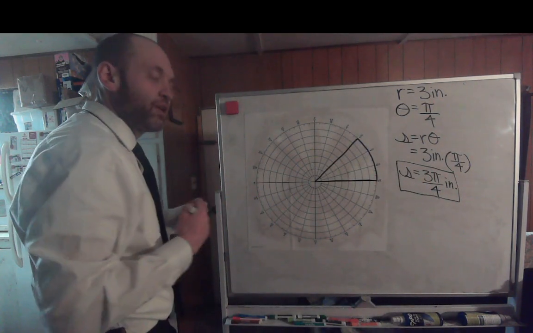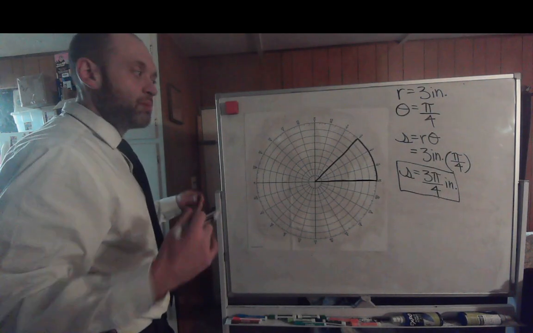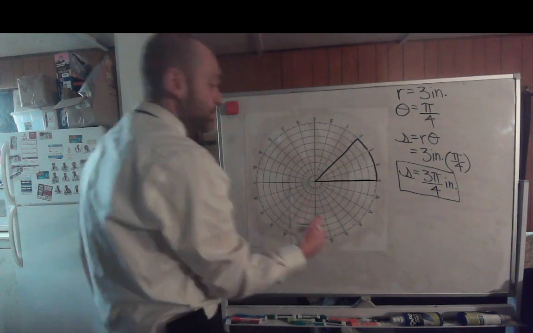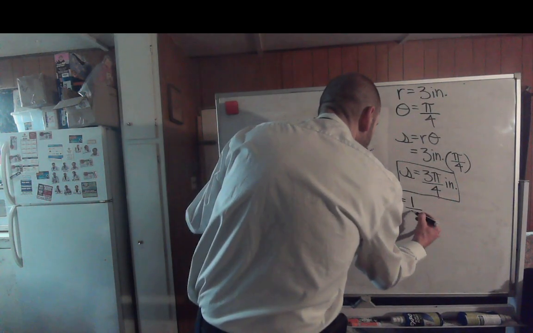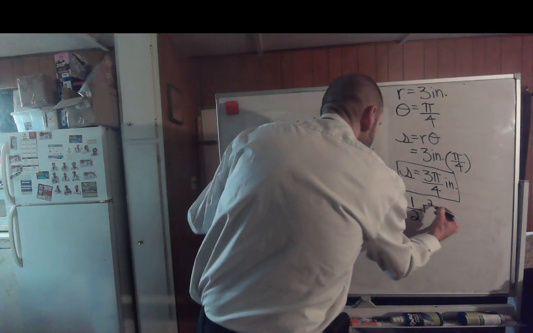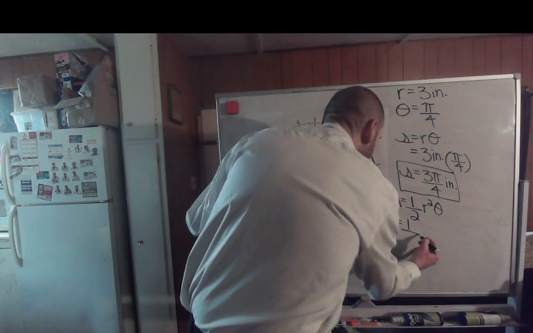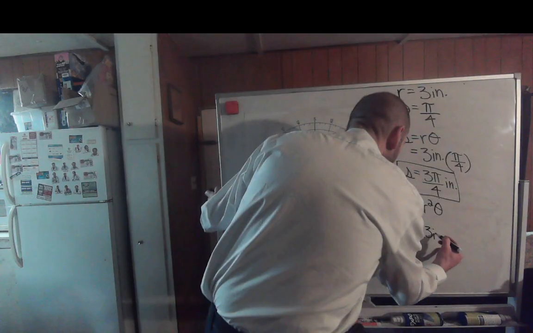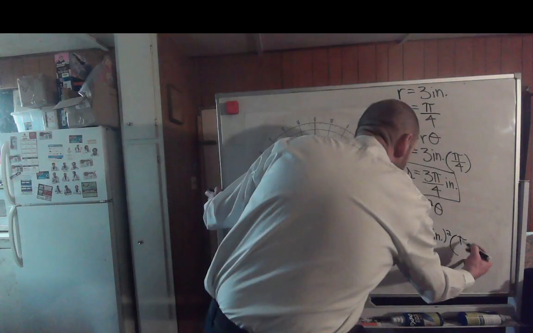And if you really care to get a decimal approximation, you can do that. Now what about the area of the sector, which would be this whole region here? The area is going to be 1/2, of course, of your radius squared times theta. So in this case, that's 1/2 times your radius of 3 inches squared times your theta of pi over 4.